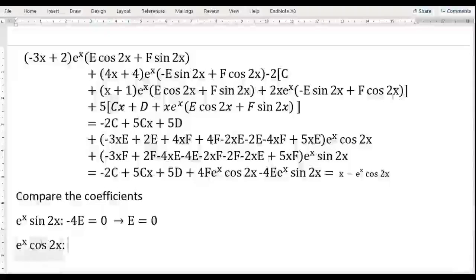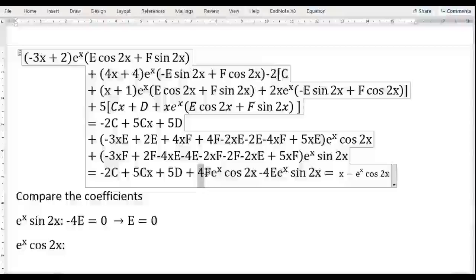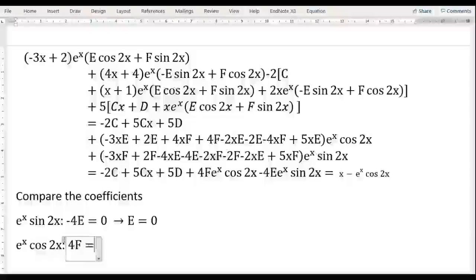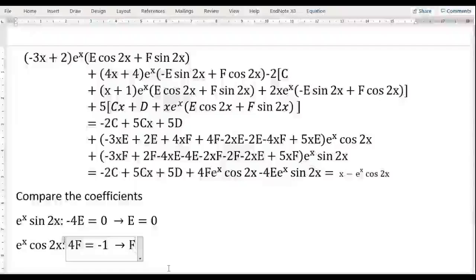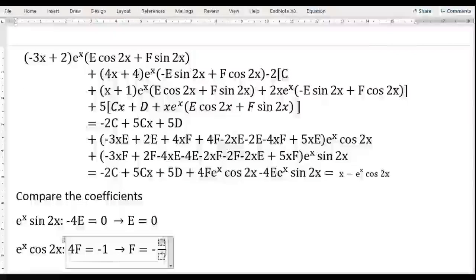So we're going to find the coefficient for the exponent cosine 2x. We have 4f is equivalent to minus 1, which implies that f is equivalent to minus 1 over 4.